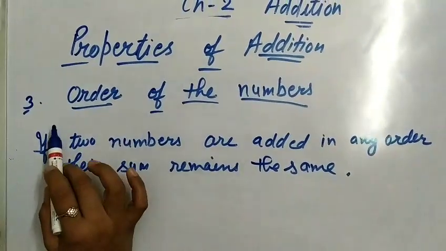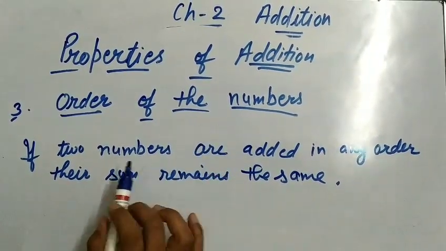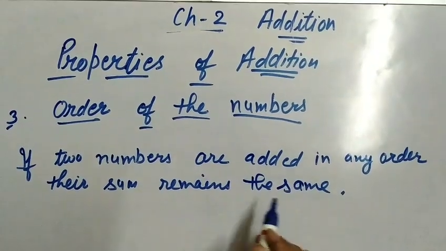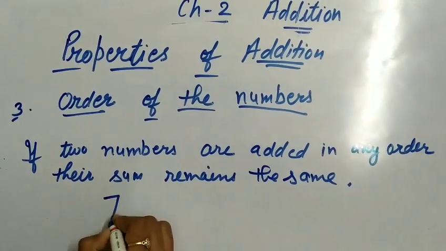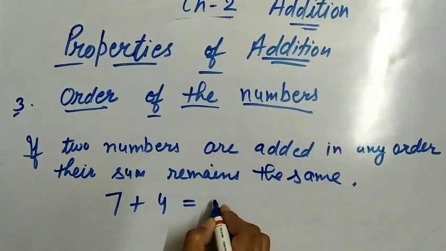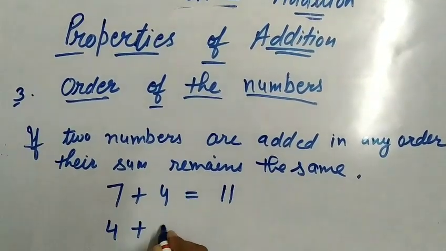Now see the third property, order of numbers. What is it? If two numbers are added in any order, their sum remains the same. It means 7 plus 4. What is the answer? Their sum is 11. And you can add 4 plus 7.